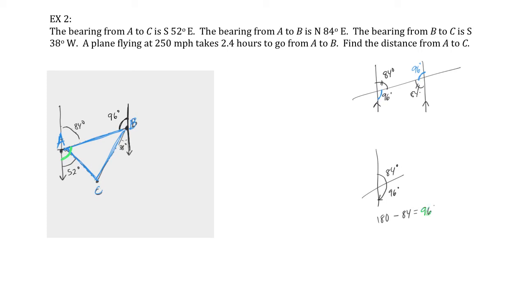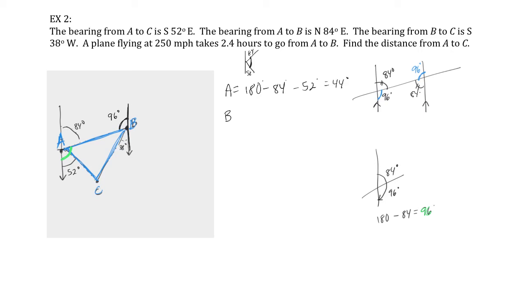All right, so that's helpful. Now let's figure out our angles. So angle A, that is a straight angle. I've got part of it's 84. I've got part of it's 52. So what's angle A? Well, it would just be 180 minus 84 minus 52. So angle A is equal to 44 degrees.